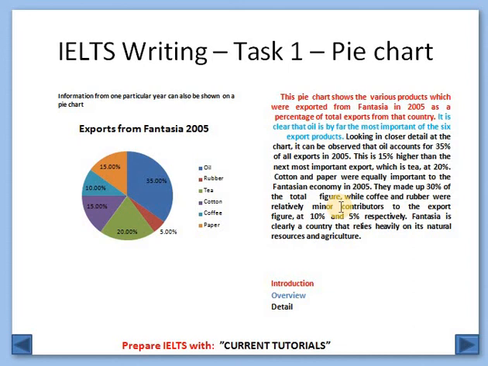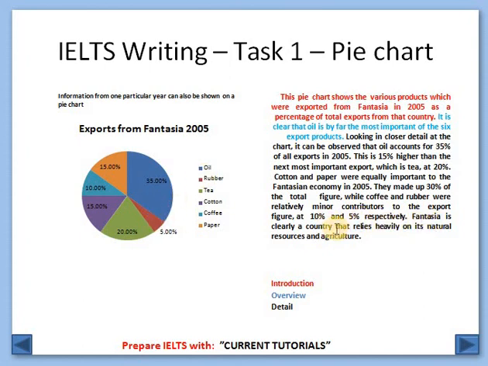While coffee and rubber were relatively minor contributors to exports, at 10% and 5% respectively, because coffee is 10% and rubber is 5%. This is rubber, the red one, 5%.